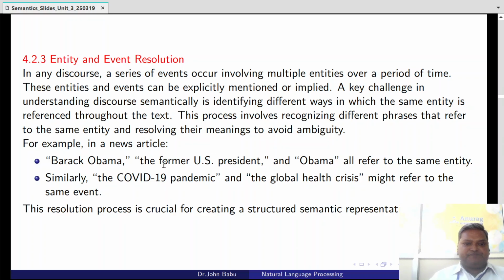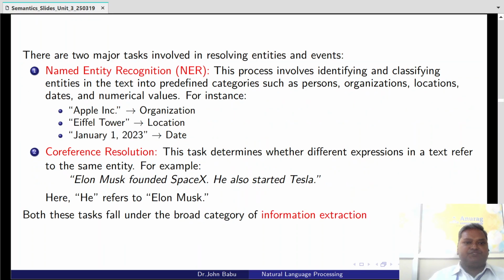Similarly, event. Sometimes I may say COVID-19 pandemic and the global health crisis. Most likely these two are referring to the same event. So this resolution, which event, which entity is being referred to, understanding that is very, very crucial for semantic representation.